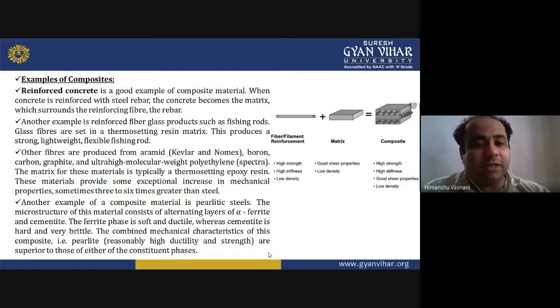Reinforced fiberglass products such as fishing rods are another example. These glass fibers are set in a thermosetting resin matrix, which produces a strong, lightweight, flexible fishing rod. You can understand that the applications are very practical when we talk about composites.